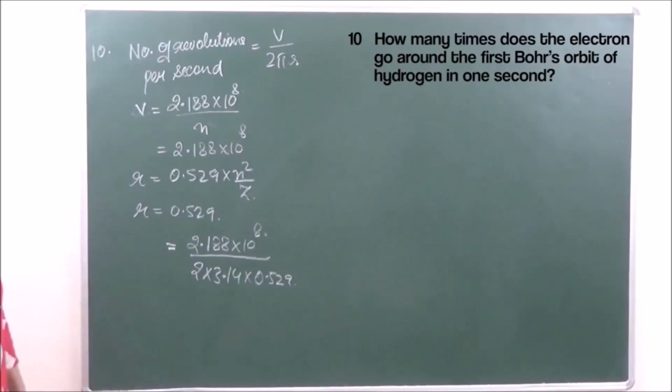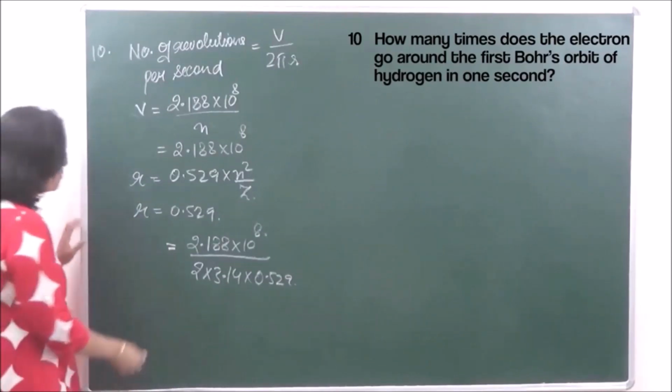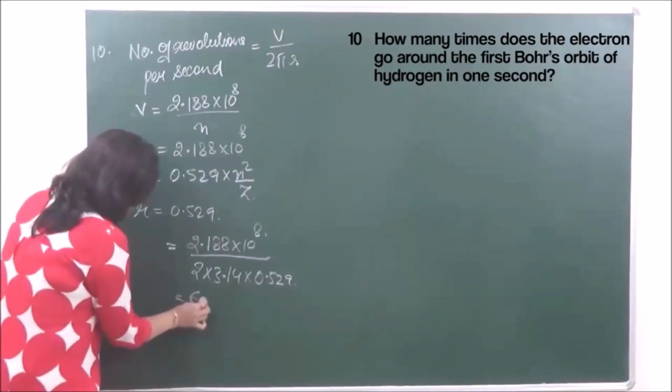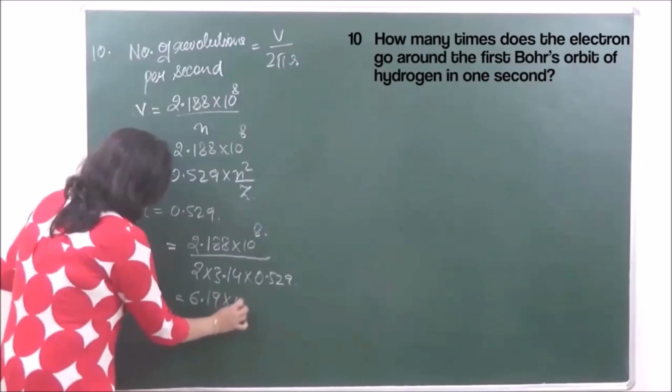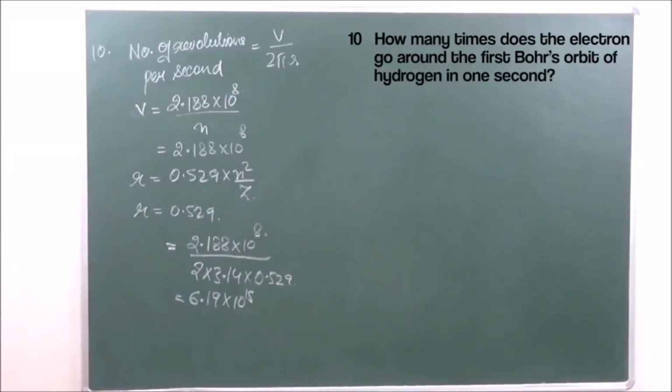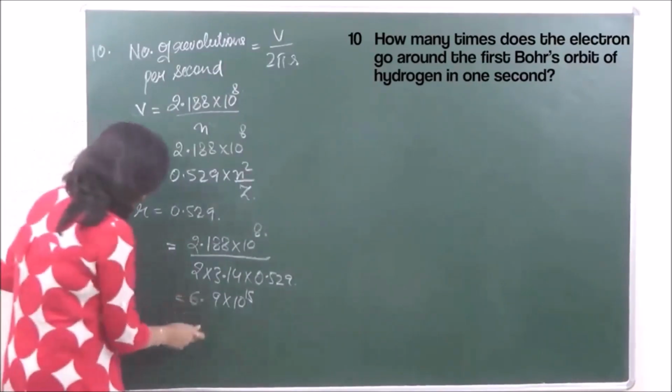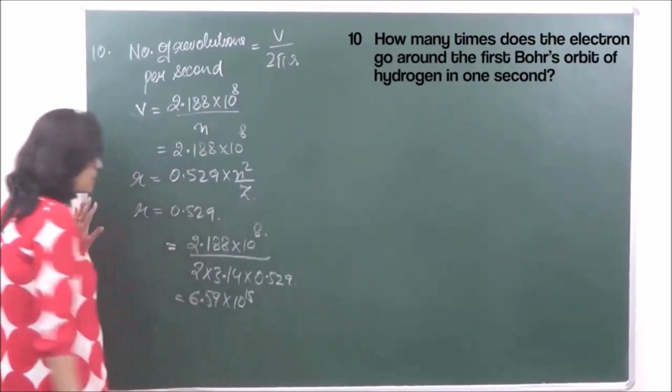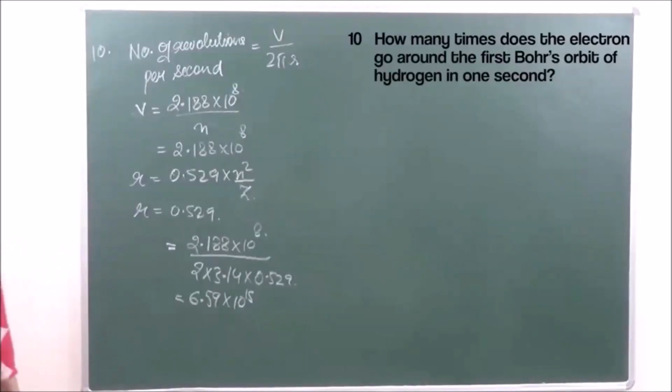Okay? So this when calculated, it comes to 6.59 into 10 raised to power 15. Sorry, not 19, 6.59 into 10 raised to power 15 revolutions per second. Have you understood?